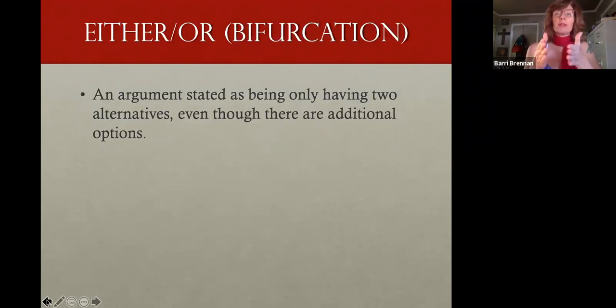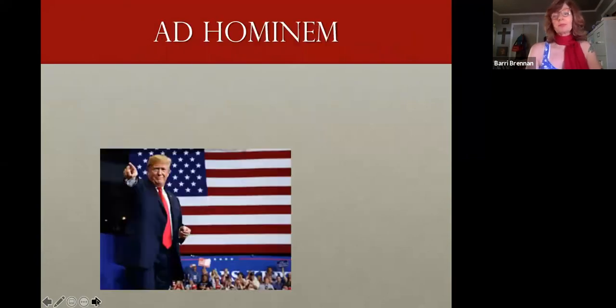Anytime a person says you can either do this or that, chances are that's fallacious reasoning, because generally there's always more than two options in an argument. So if someone says you're either going to go this way or that way, that's fallacious. Think about that.